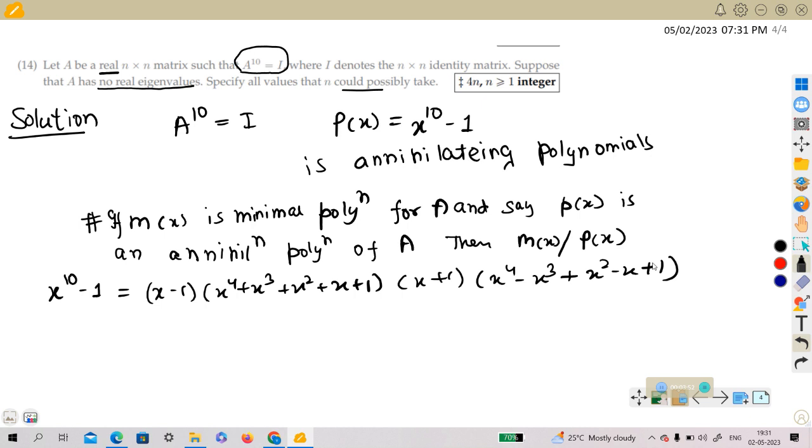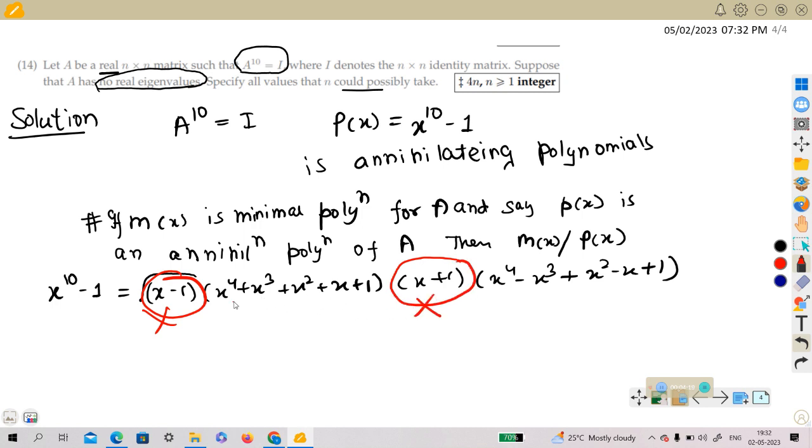Since we are given that there are no real eigenvalues, I am claiming that the minimal polynomial must not have the factors x minus 1 and x plus 1, because in both cases we have real eigenvalues.